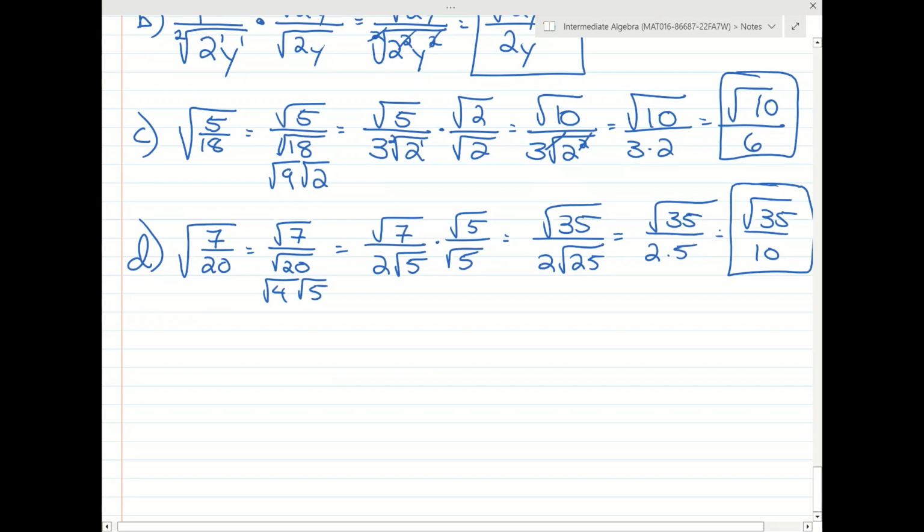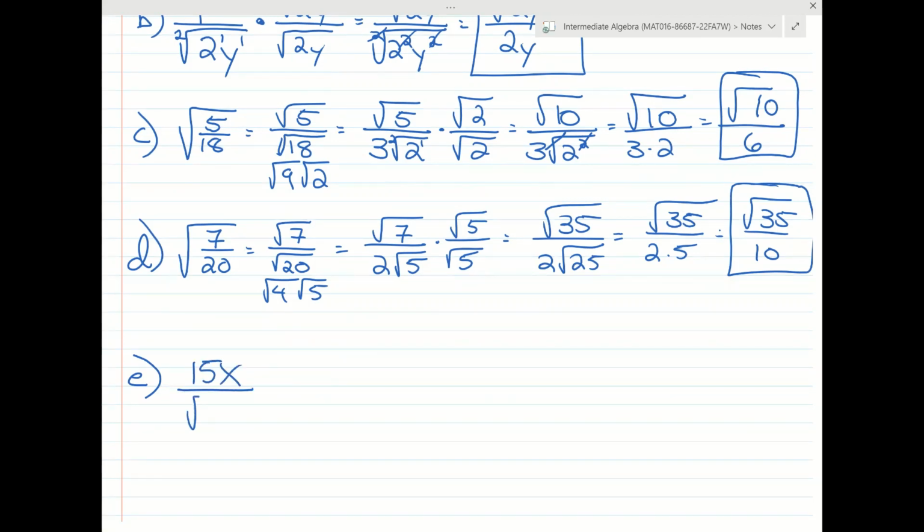I'll give you one more of these before we kind of up it a notch. How about 15x divided by the square root of 2x? The index is 2, the powers are 1.